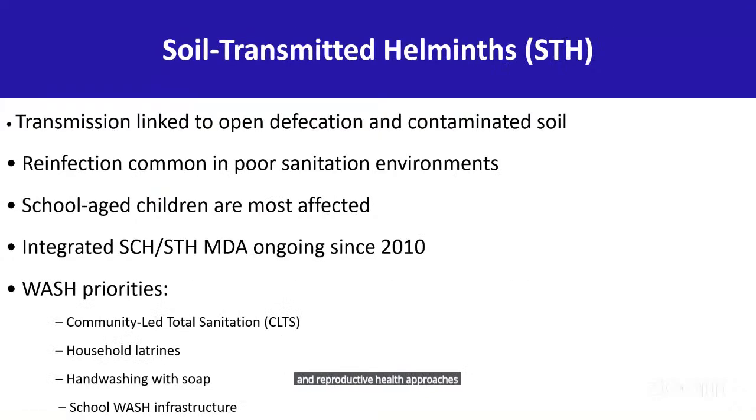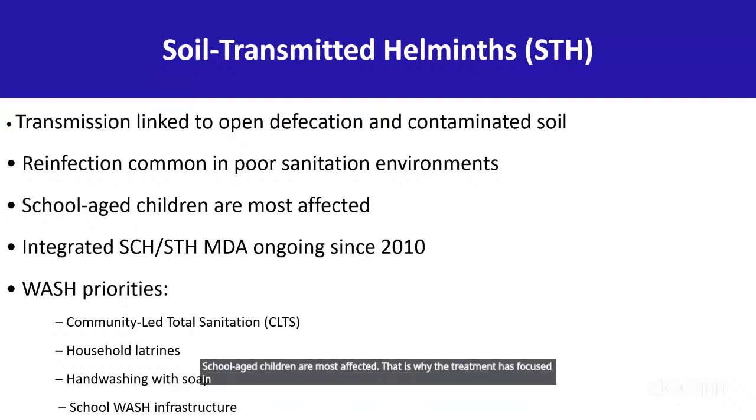Now let's look at the connection with soil-transmitted helminthiasis. We know that transmission is linked to open defecation and contaminated soil, and reinfection is common in poor sanitation environments. School-age children are most affected. That is why the treatment has focused on this cohort.